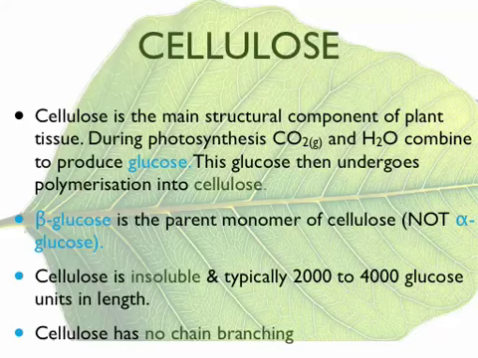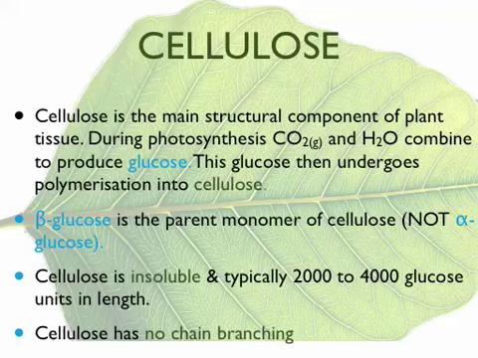Let's look at cellulose first. Cellulose is the main structural component of plant tissue. During photosynthesis, carbon dioxide and water combine to produce glucose, and this glucose then undergoes polymerization into cellulose. Now, it's beta-glucose that is the parent monomer of cellulose, not alpha-glucose. So you must remember that beta-glucose forms cellulose.